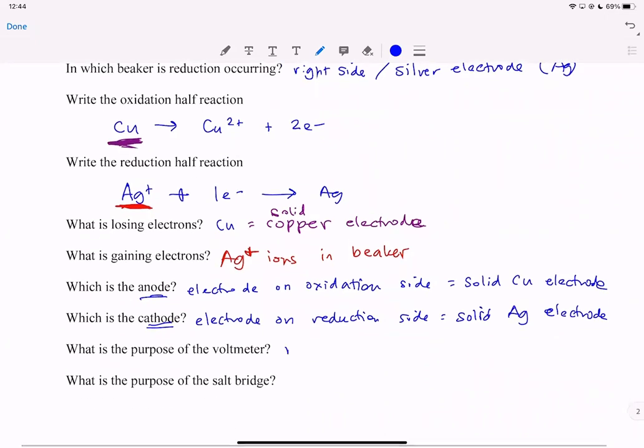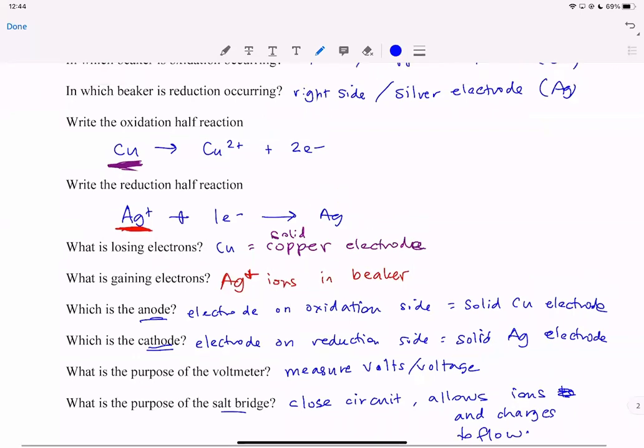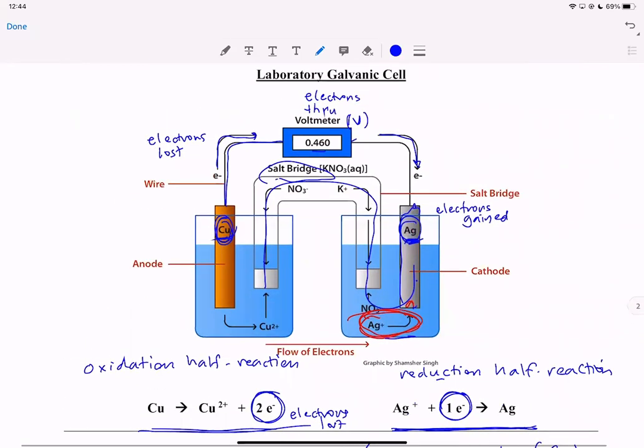The purpose of the voltmeter is to measure the voltage, the volts. And the purpose of the salt bridge is to close the circuit. That allows ions, actually ions and charges, to flow. That is the equivalent of an on-off switch: when you remove a salt bridge, you have a circuit that's not closed.